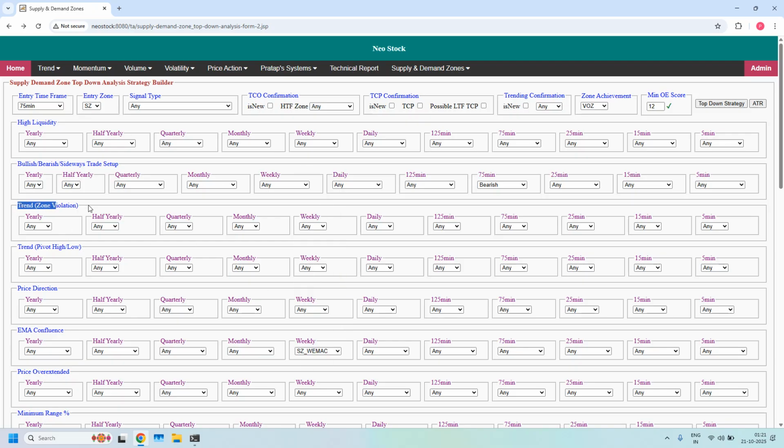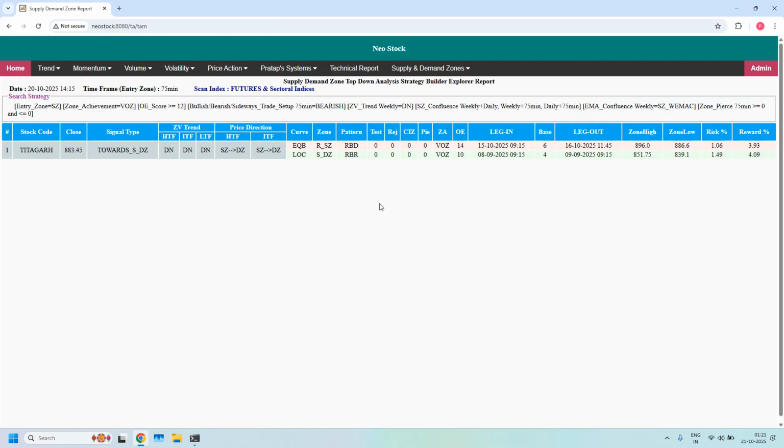At the same time, trend on the weekly should not be sideways. It should be downtrend because it is bearish trade setup. We got one stock. So this 75-minute supply zone might be having more high probability to get success, provided lesson 20 checklist items are satisfied. Otherwise, higher chances of zone violation.